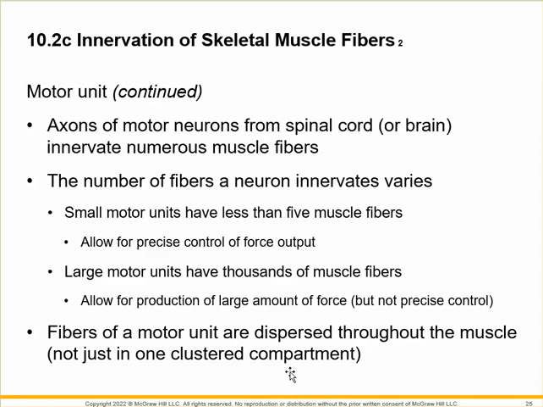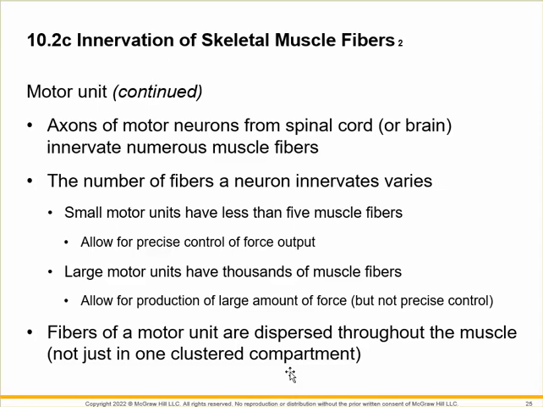Sometimes motor units can be very large and some of them can be very small. It depends on the amount of control we want or the amount of strength we want. Small motor units can have fewer than 5 muscle fibers. And what it allows is very, very precise control.